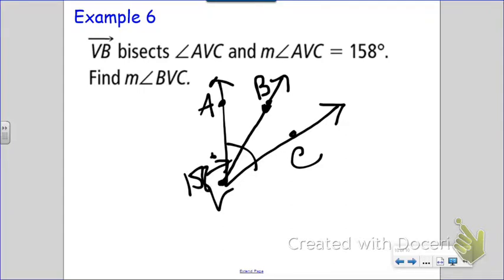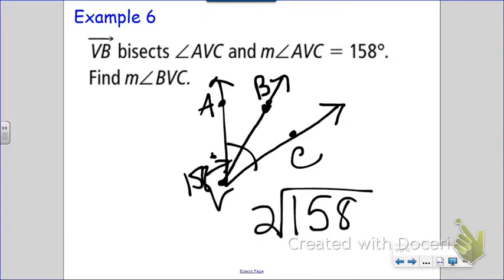Find the measure of angle BVC. Since it's bisected, we know that it's divided into 2 equal parts. We'll divide 158 into 2 equal parts, which is going to give us 79 for each angle, so our answer is 79 degrees.